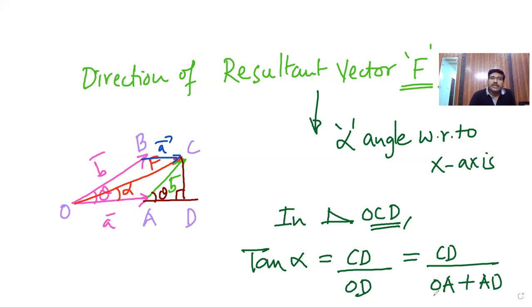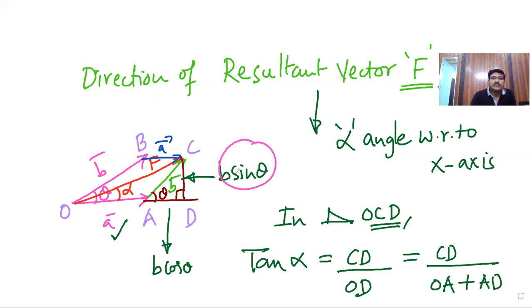Clear? Now, what is OA? Earlier we calculated OA is A. And AD corresponds to B cos theta. CD corresponds to B sin theta. Earlier we have calculated these two things: B sin theta and B cos theta. Substituting simply here.